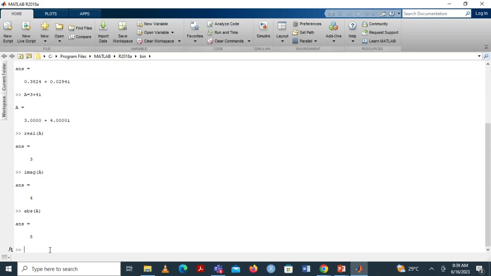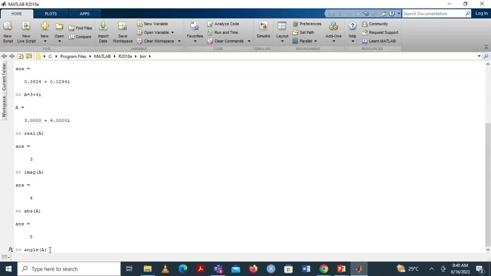Okay, so if I want to find the angle, which returns the angle in radians, I'll use angle, open bracket and put a, and close it.